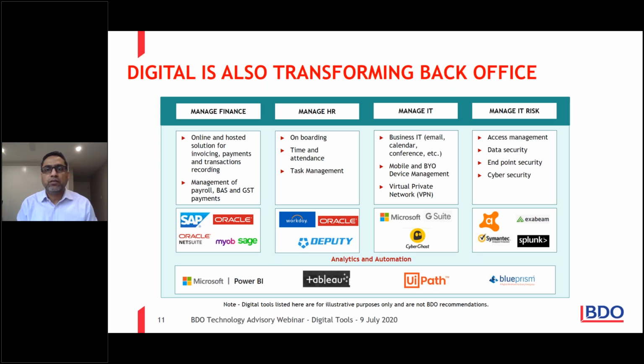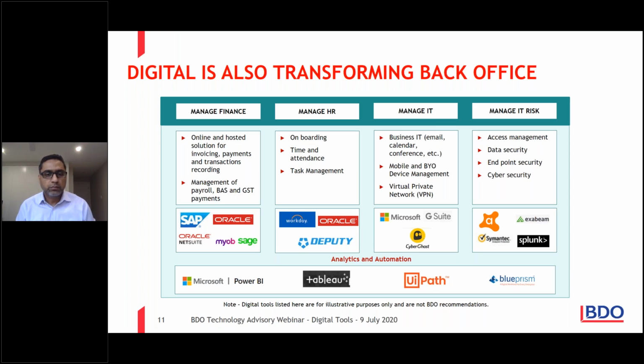This is a capability which is the most matured across everything that we have talked about. Finance has been the backbone of all the ERPs in the market. So you talk about SAP, Oracle, NetSuite, MYOB, Sage. They all have big, strong heritage in managing the finance part of it.